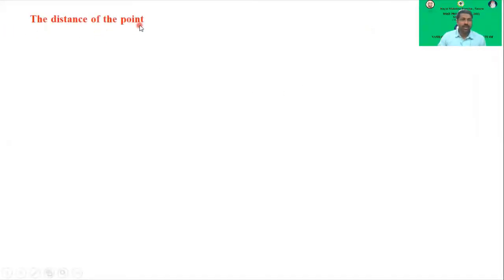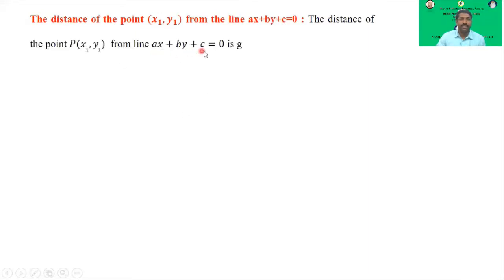The distance of the point (x1, y1) from the line ax + by + c = 0 is given by p = |ax1 + by1 + c| / root(a square + b square). So this is the formula.